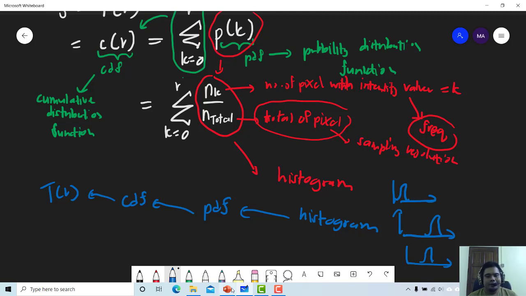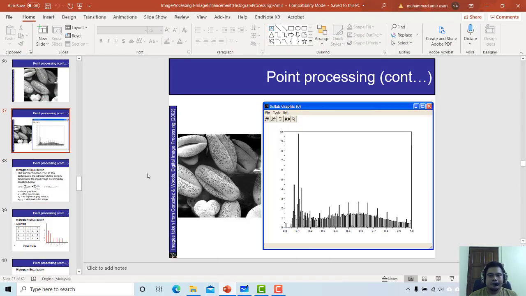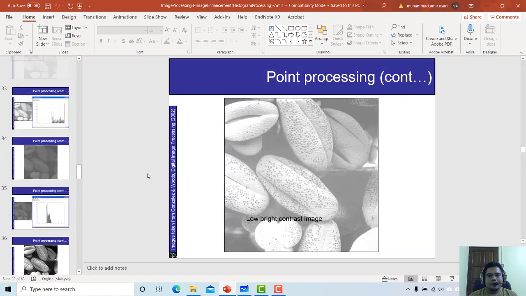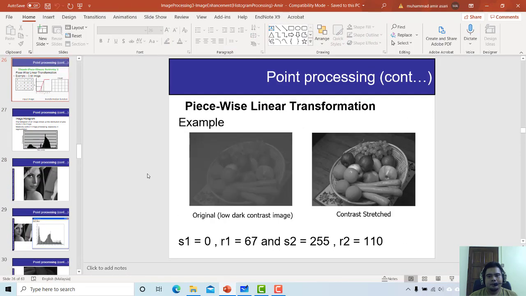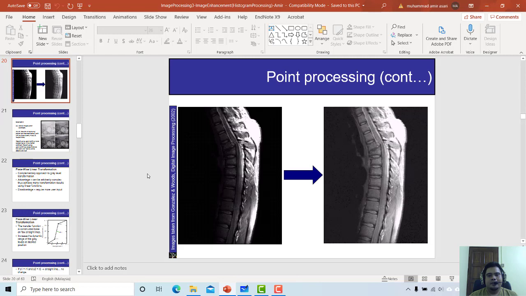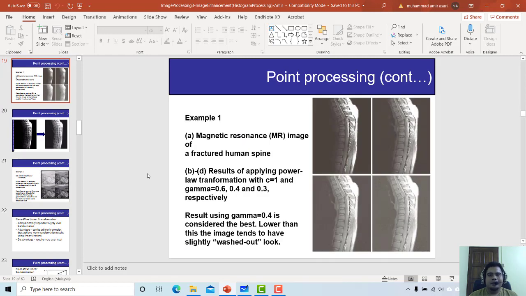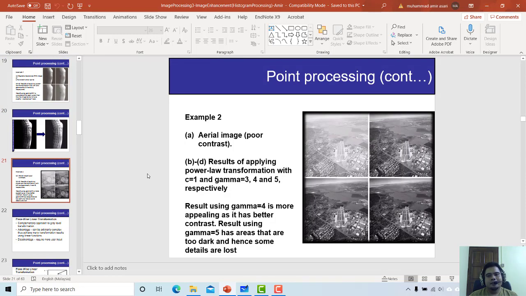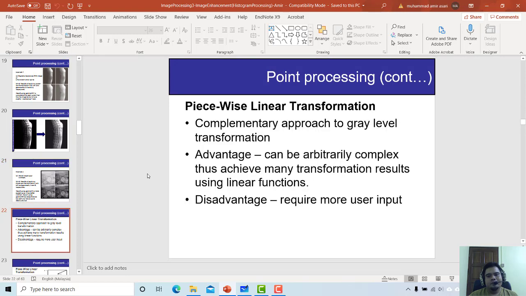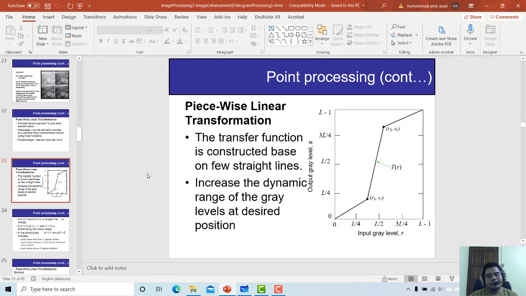If you want to tackle a low dark contrast image, then you need to use a gamma less than 1. If you want to tackle a low bright contrast image, you must use gamma more than 1. So the user needs to set it by themselves.